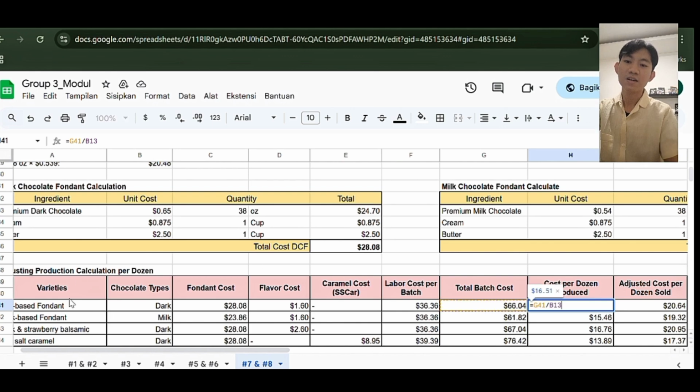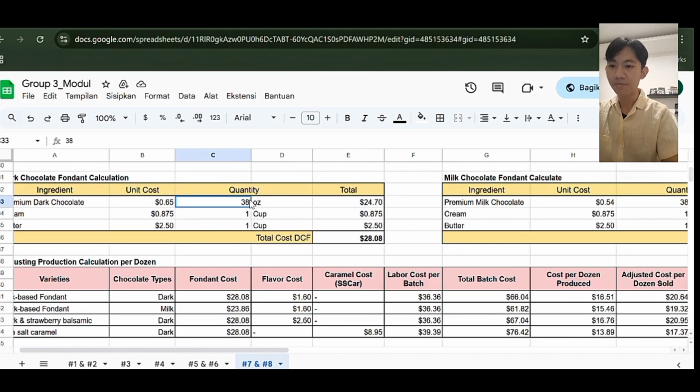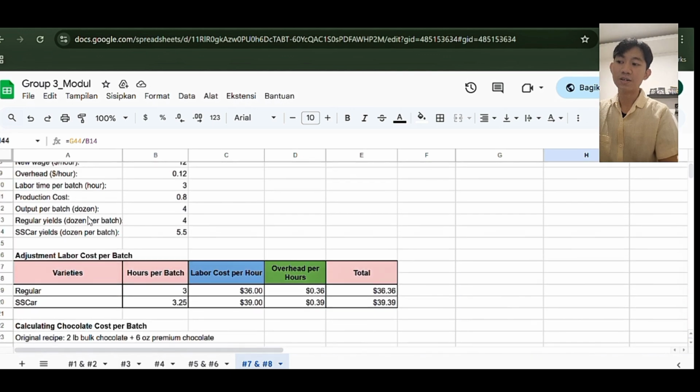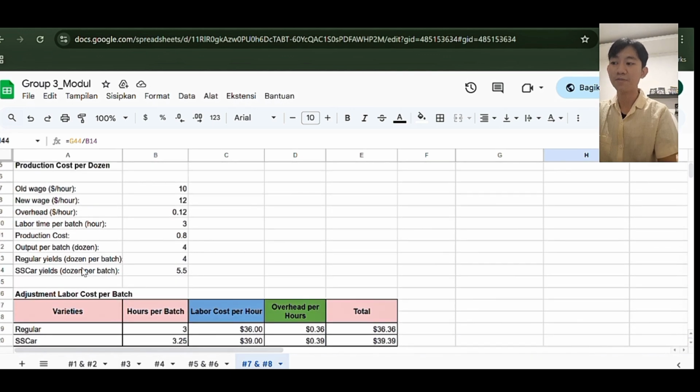Per batch is 4 dozen, so we divide by 4 and we get 60.51. This is the same for all the varieties except sea salt caramel, whose total batch cost is 76.42, but we divide by 5.5 because production per batch is 5.5 dozen.